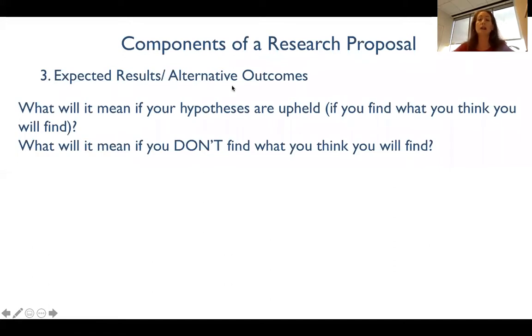And I think that this is something that, regardless of whether it's expected or not, it's really impressive if you can show that you have totally thought through what it will mean if you don't find what you think you are going to find. And so regardless of whether it's required for your research proposal, I think it's a really great thing to do. And I think it helps you to really see what's involved in your research and what the range of potential outcomes are.